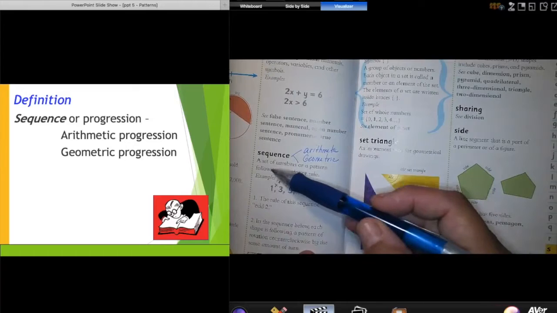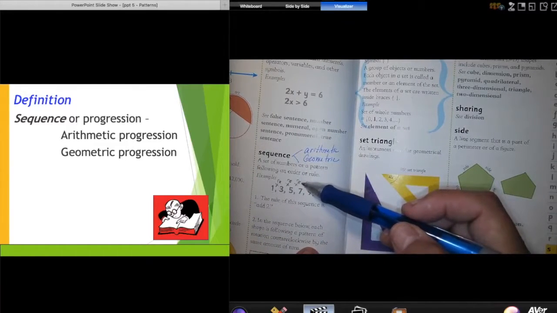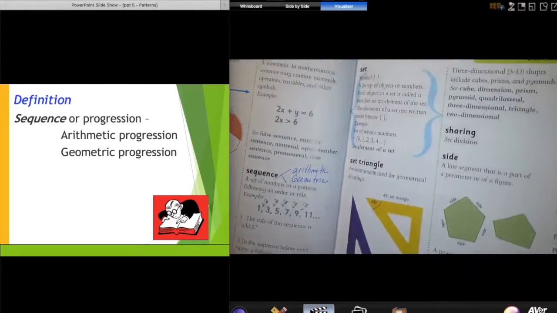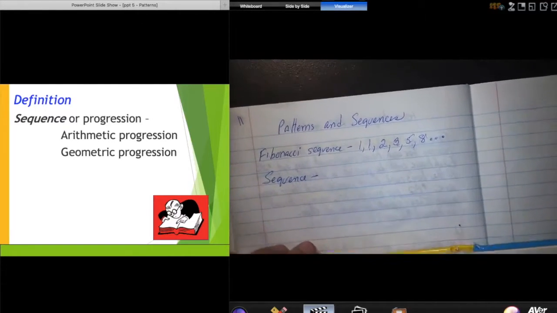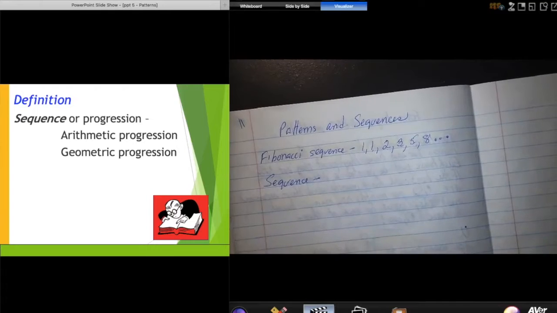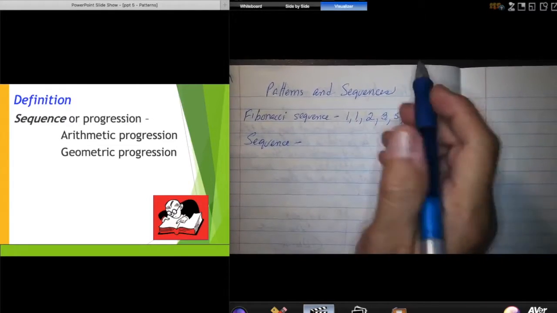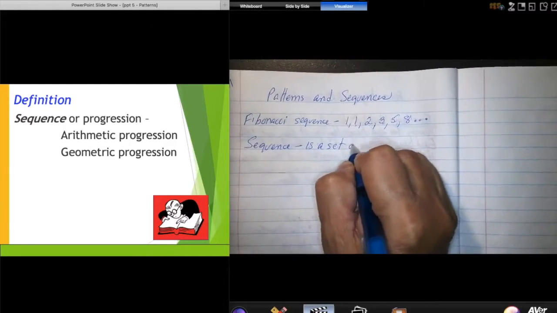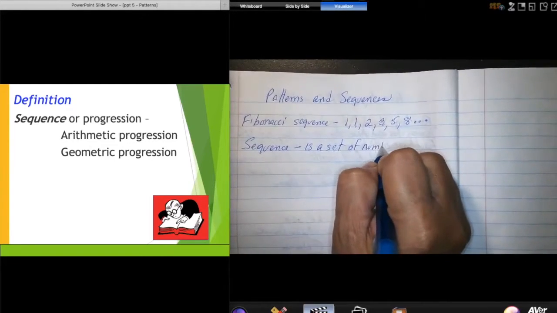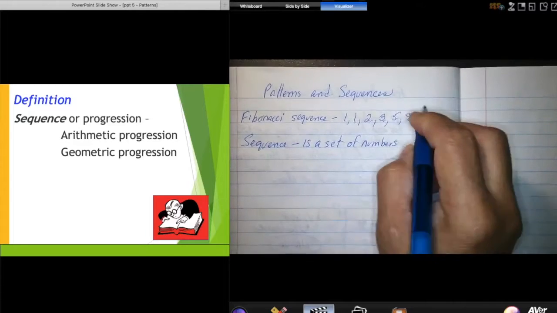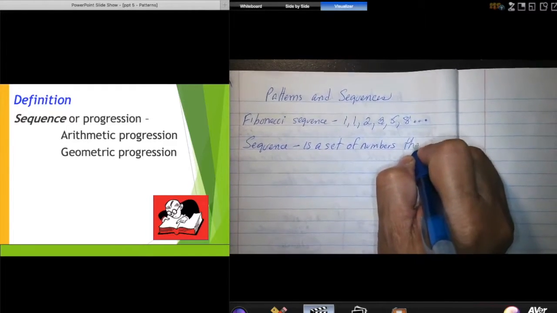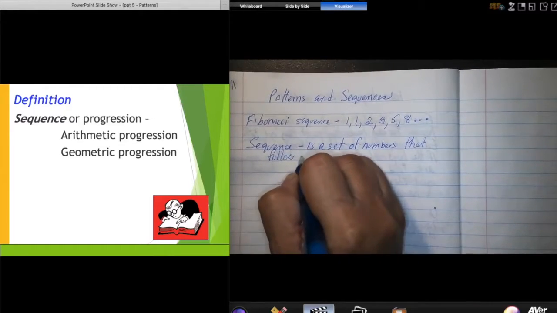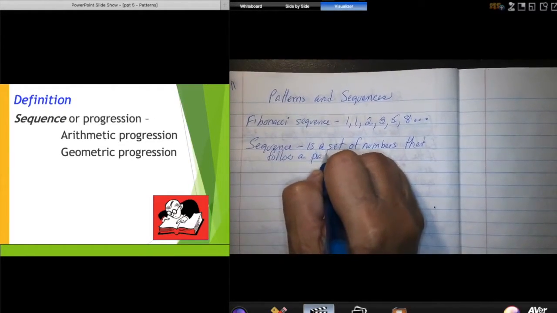So a sequence is a set of numbers or a pattern following some order or rule. Okay, let's write that down. So a sequence is a set of numbers that follow a pattern or rule.